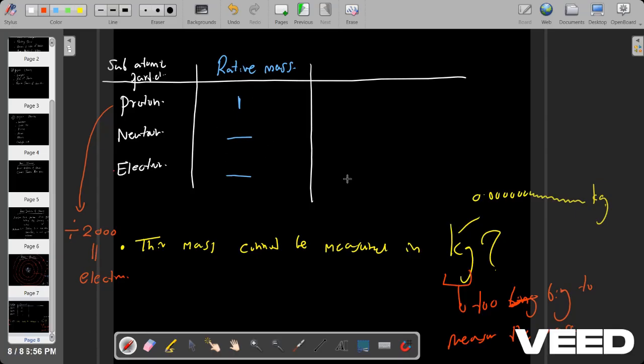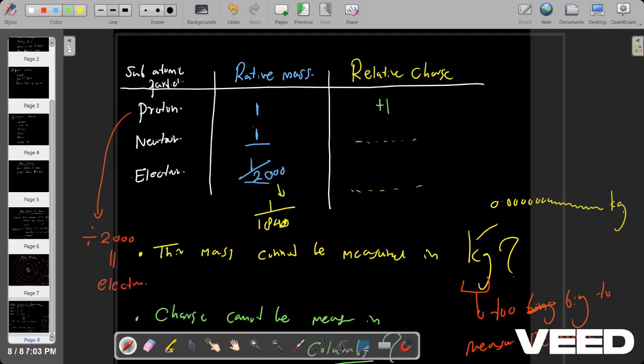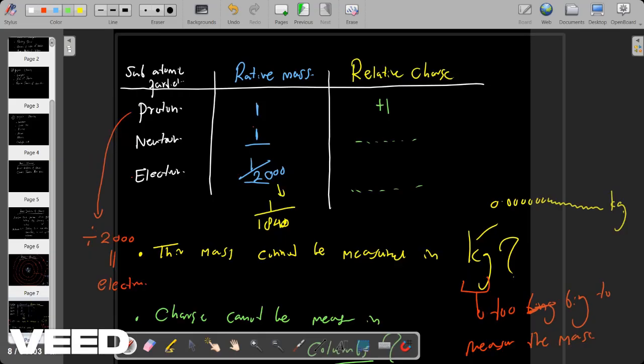Fill this up and send me the relative mass of a neutron and the relative mass of an electron. Can you guys do it? Find the relative charge.